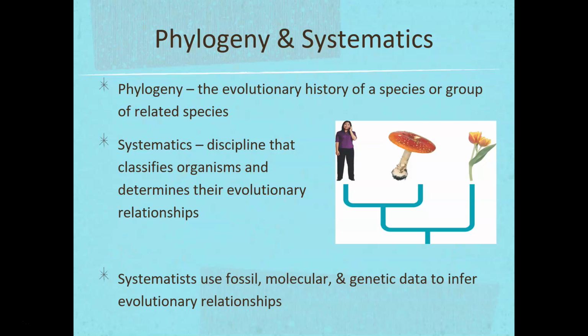And then systematics is just the discipline that actually classifies organisms and determines those evolutionary relationships. So systematics is really utilizing all sorts of resources and data to start tying together the phylogeny of different groups of organisms. So things from fossil record data to molecular and genetic data.